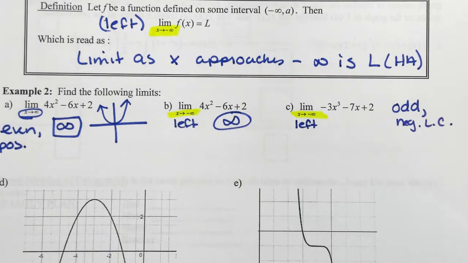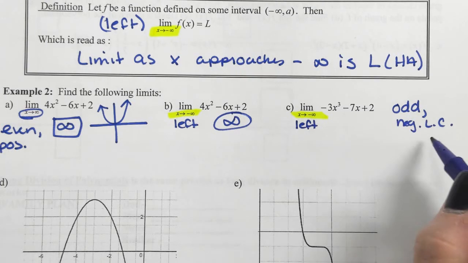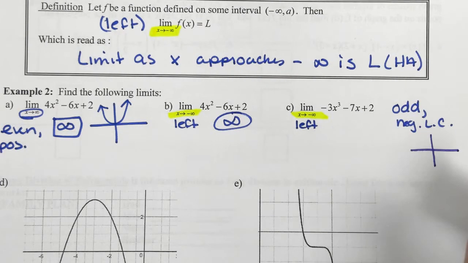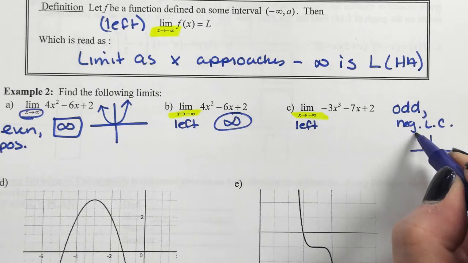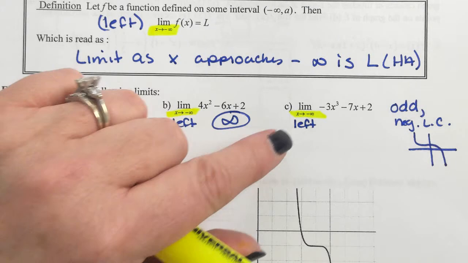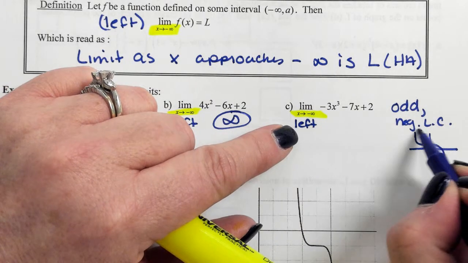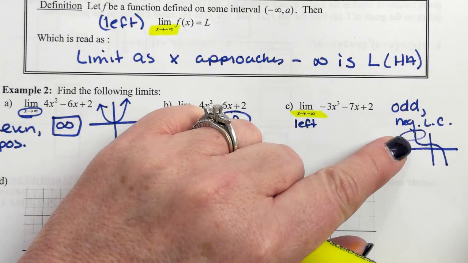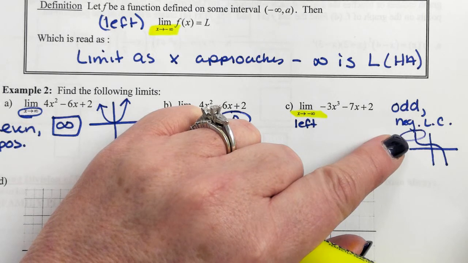So now think about what we just talked about on the previous page: what a polynomial function looks like when it's an odd degree and a negative leading coefficient. Remember, the left side will be going up and the right side will be going down. Since I'm looking at the left-hand side of the graph, what direction is this graph approaching, positive or negative infinity? Positive.